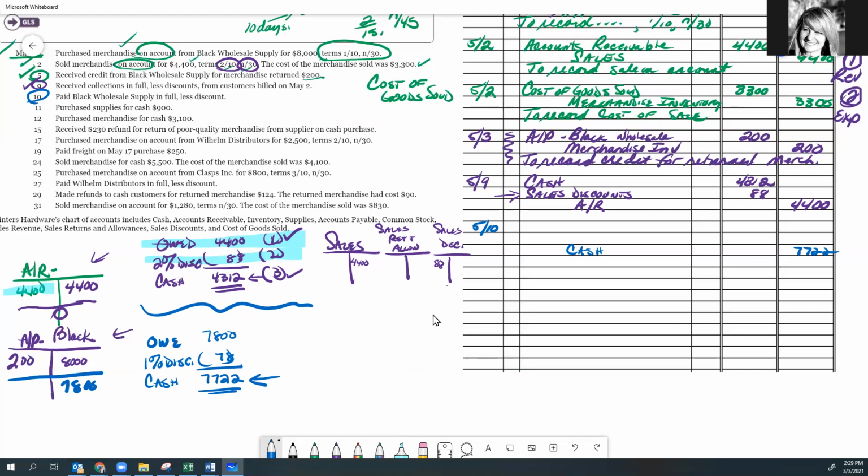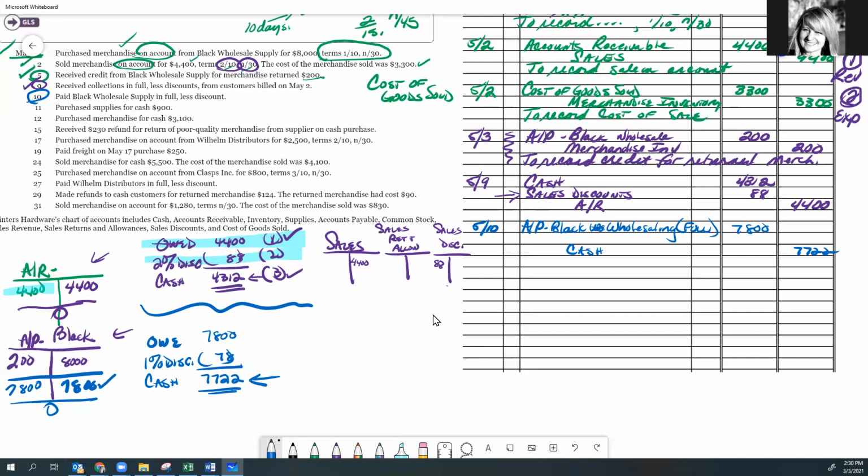When I pay this bill, I don't owe it anymore. The accounts payable has a current balance of $7,800, but when I pay it, even though I'm paying less, I don't owe anything anymore. So I'm going to debit my accounts payable to Black Wholesale for the full $7,800. It's the full amount that's owed.